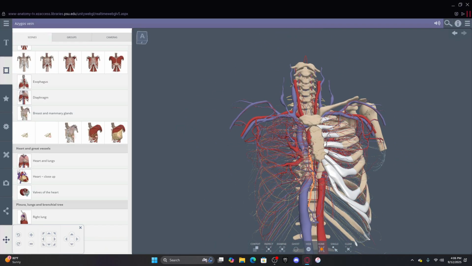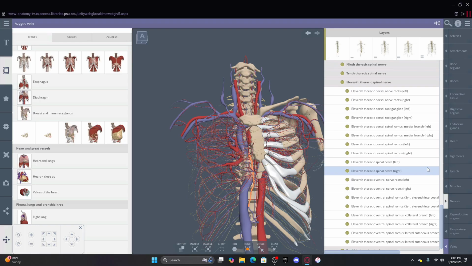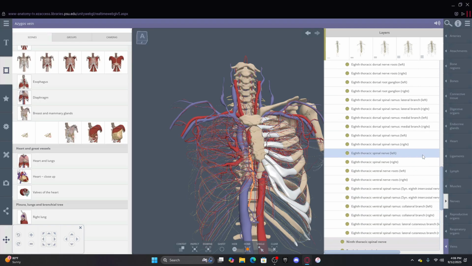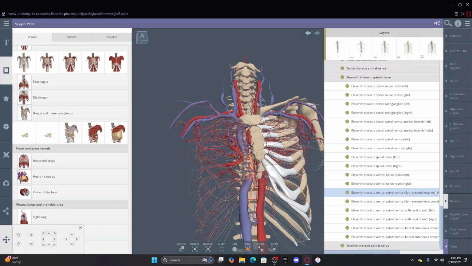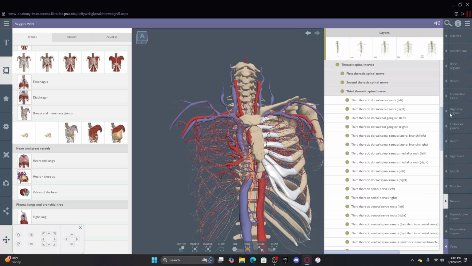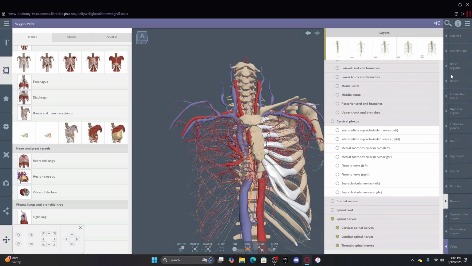Since we already dipped somewhat into the nerve section, I'm going to show the phrenic nerve as well. Remember, we have a right and a left phrenic nerve, so let me get that selected.